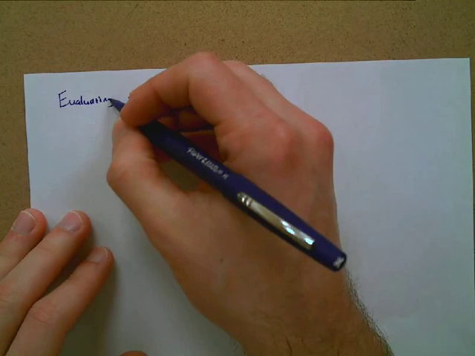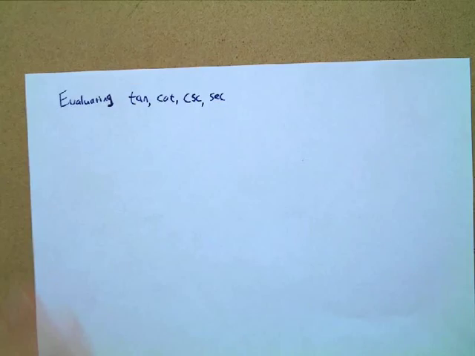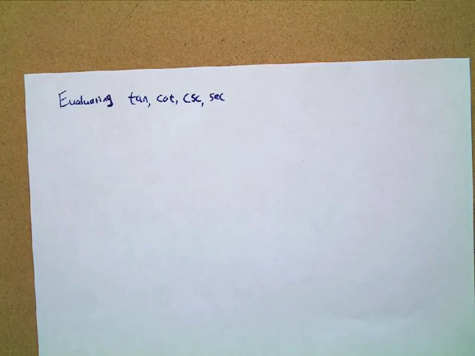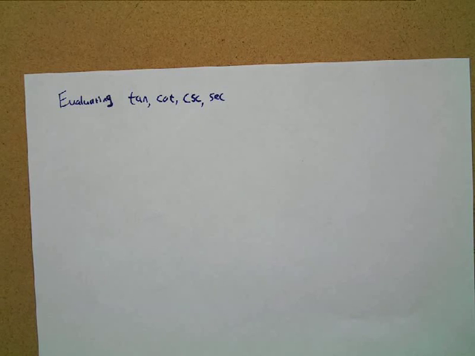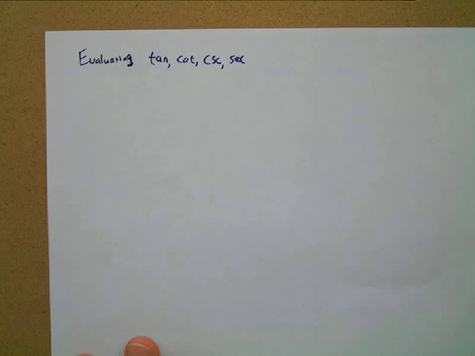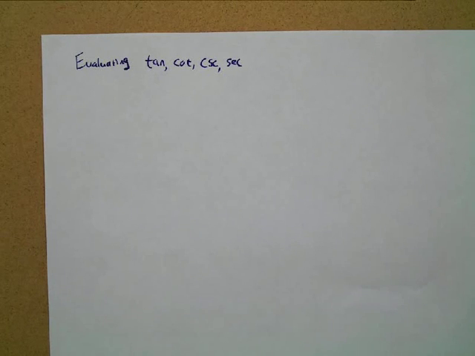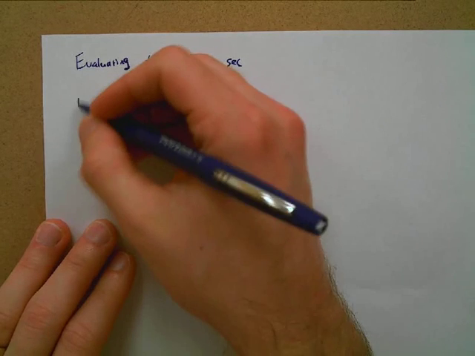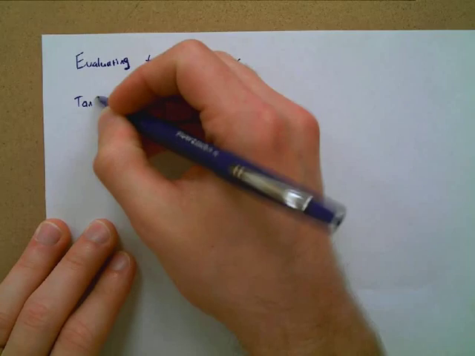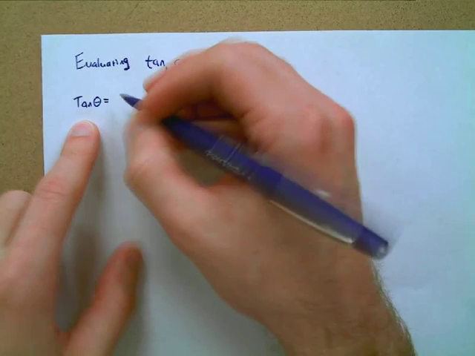I kind of want to keep my reference triangles there, but we'll see. So to do tangent, the key thing to remember about tangent of theta is that it is equal to the sine of theta divided by the cosine of theta. Which means then that the cotangent of theta is equal to what combination of sine and cosine?